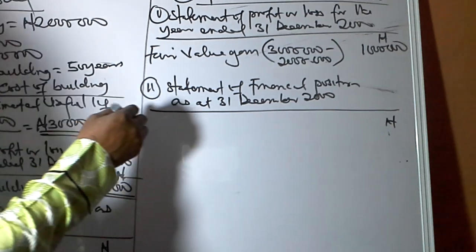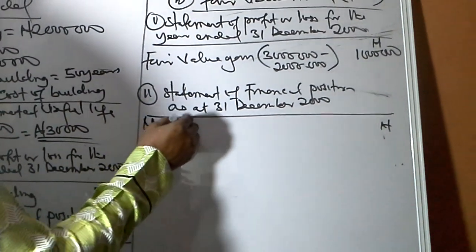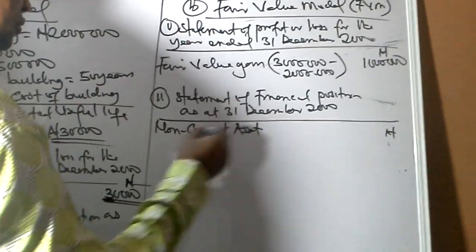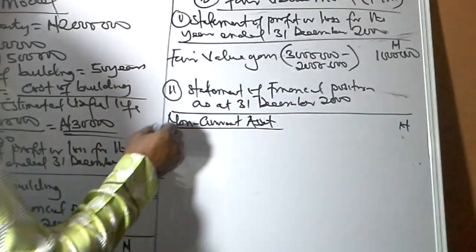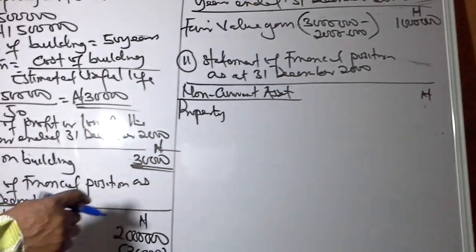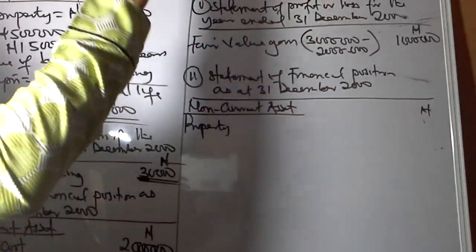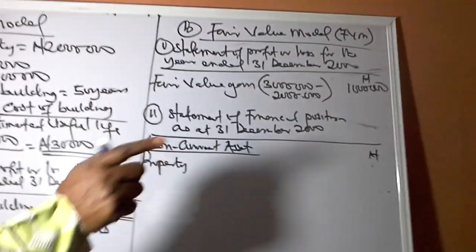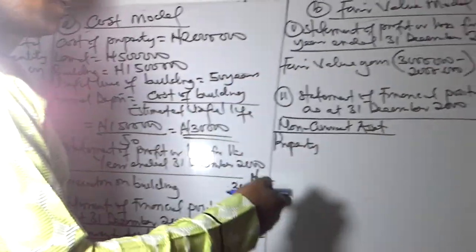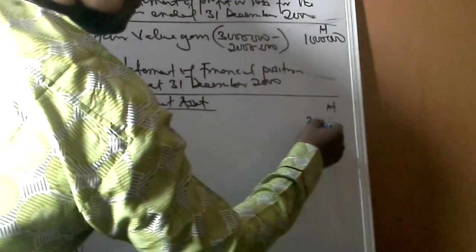Under non-current assets, the property is now shown at the closing fair value, because that is the new worth of the property. So 3 million.